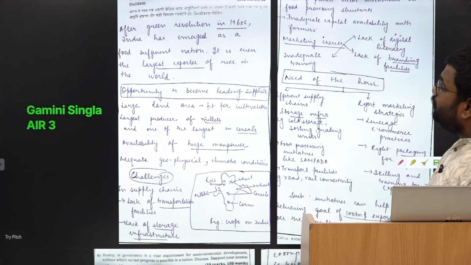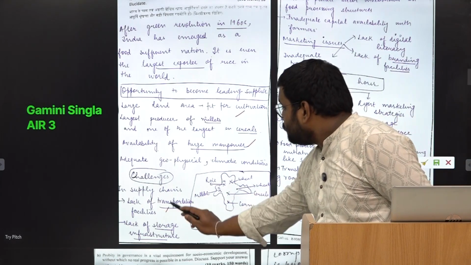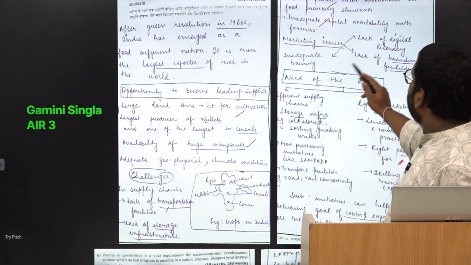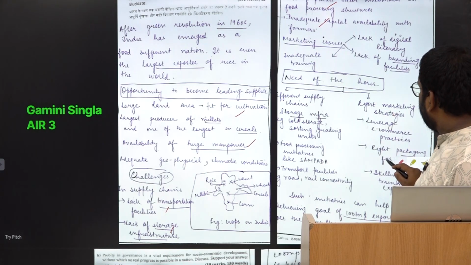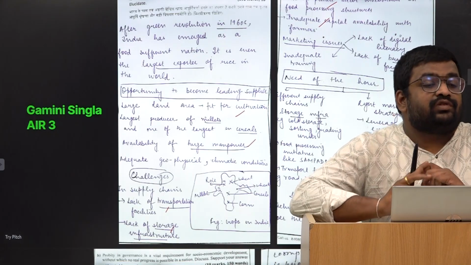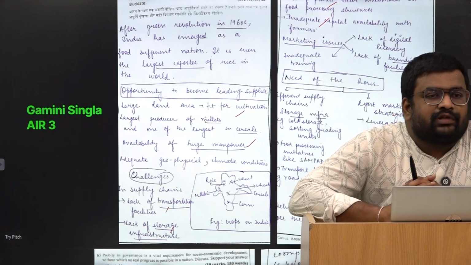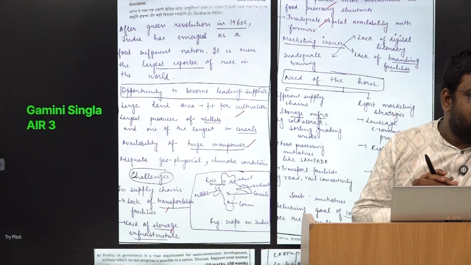So in the 10 marker question itself, her dimension coverage was 1, 2, 3, 4, then 5, 6, and 9, 10, 11, 12, 13, 14, 15. So in the 10 marker question itself, she was able to write 15 points. Right? This is how you integrate your structure and presentation.